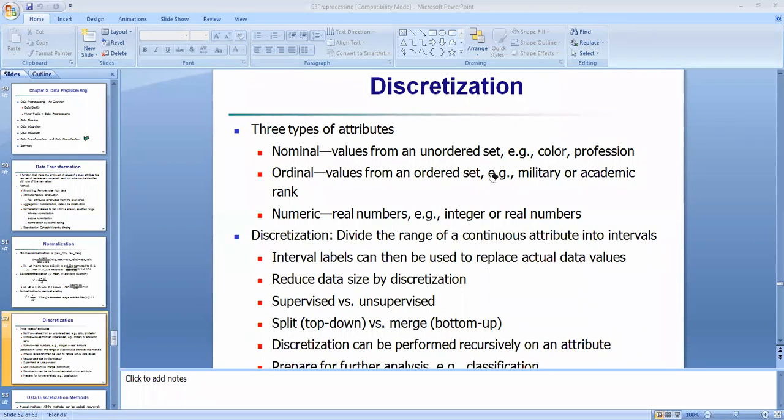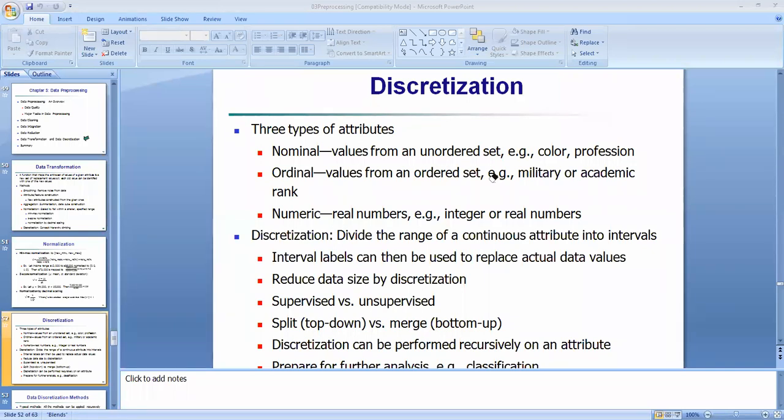The first is the nominal attribute. Nominal means values from an unordered set, such as color and profession. These are unordered sets; they don't have any order. These are the nominal attributes.